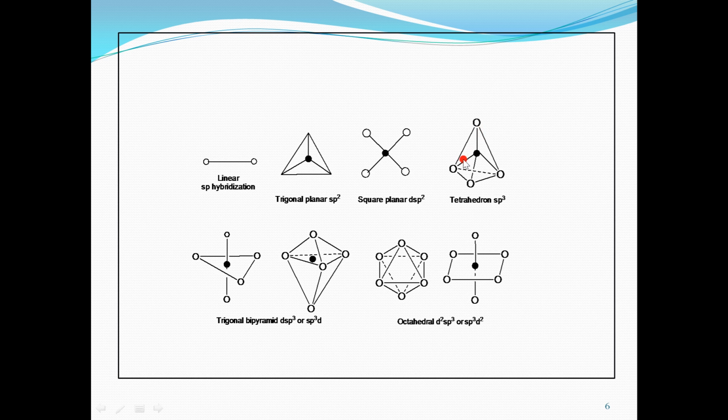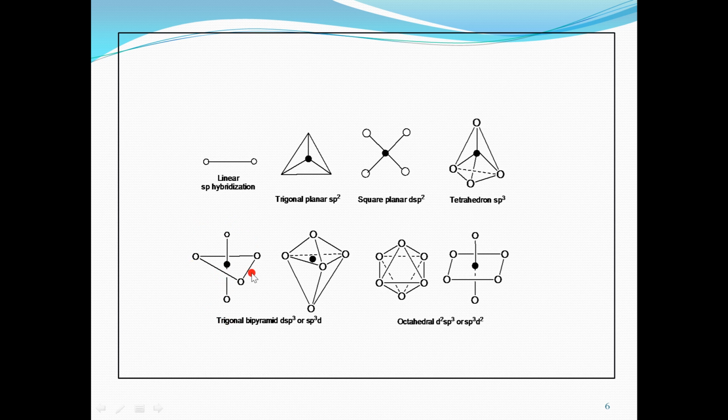In tetrahedral geometry, the hybridization is sp3. In trigonal bipyramidal geometry, the metal atom is at the center with a triangular plane, and here we join these bonds with the ligands, so a pyramidal type of structure is observed. There are two pyramids, upper and lower side, so that is the bipyramid.